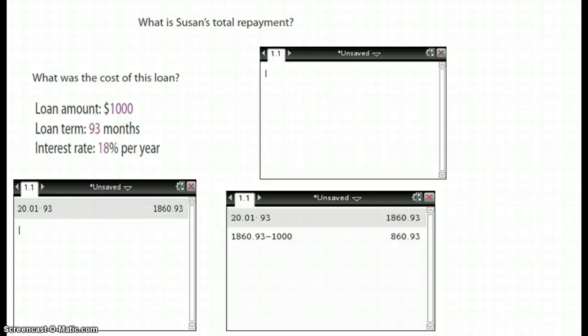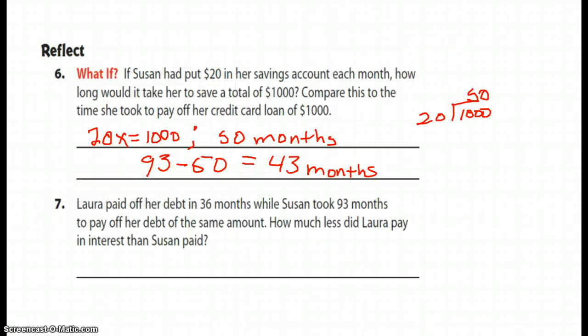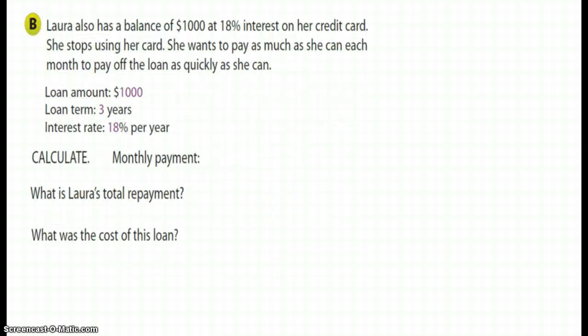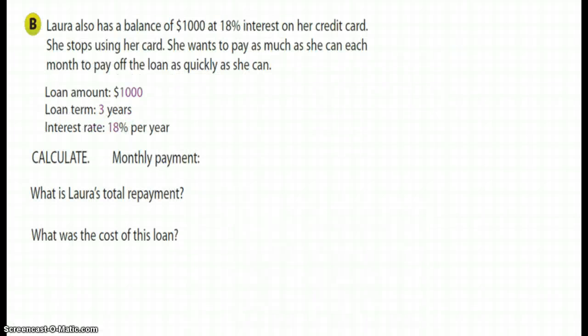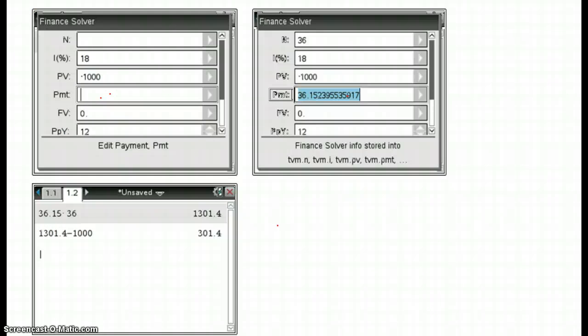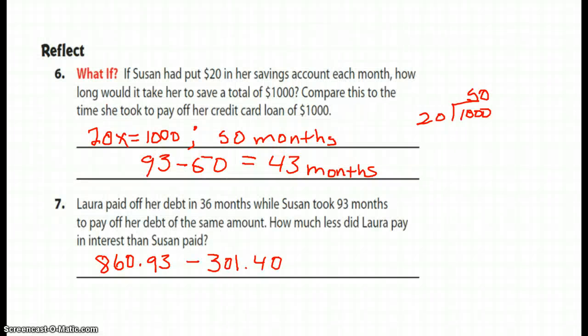So the difference: 860.93 minus 301.40. I'll go back real quickly to make sure that is correct. 860.93 and 301.40. Yes, that is correct. So we'll just find the difference here by simply subtracting.